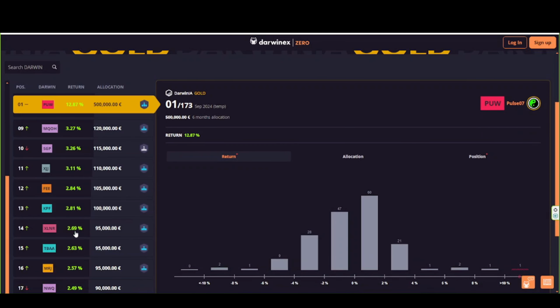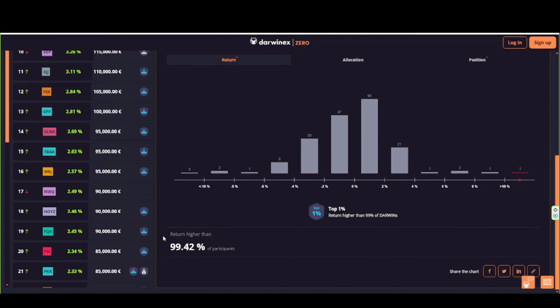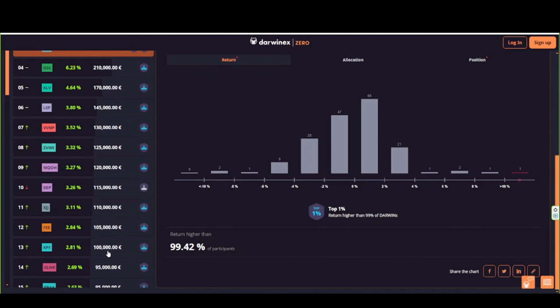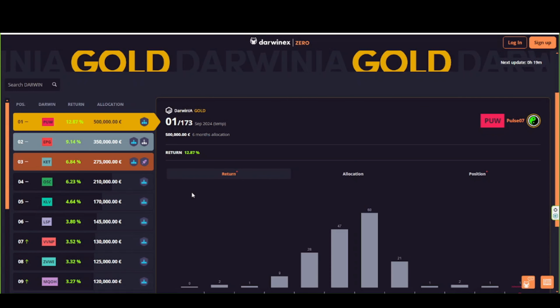The lower the return, the lower the position. And obviously you can see 2.34% gets you 85,000 euros. And what you can see as well is there is a lot less participants in Darwin IA Gold, because obviously only the best of the best will get into gold. So there's only 173 compared to, I believe it was like 7,000 in the other one.